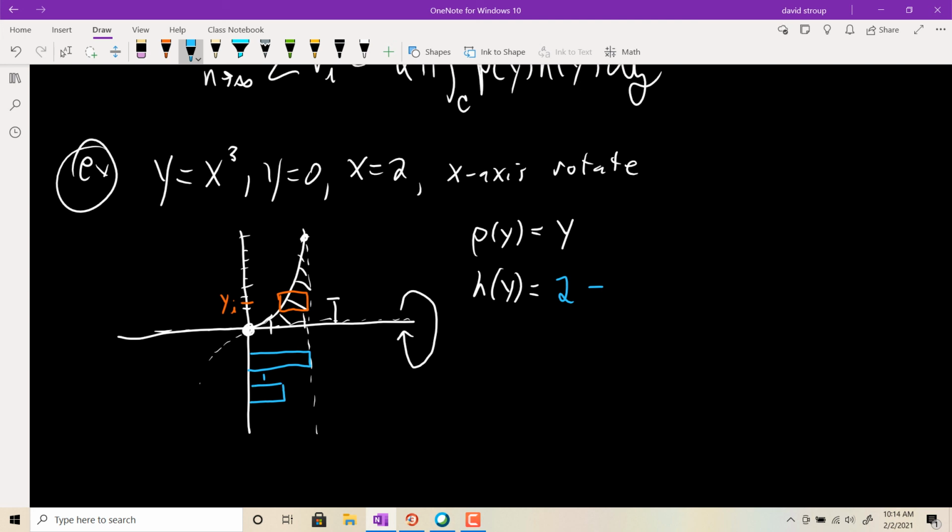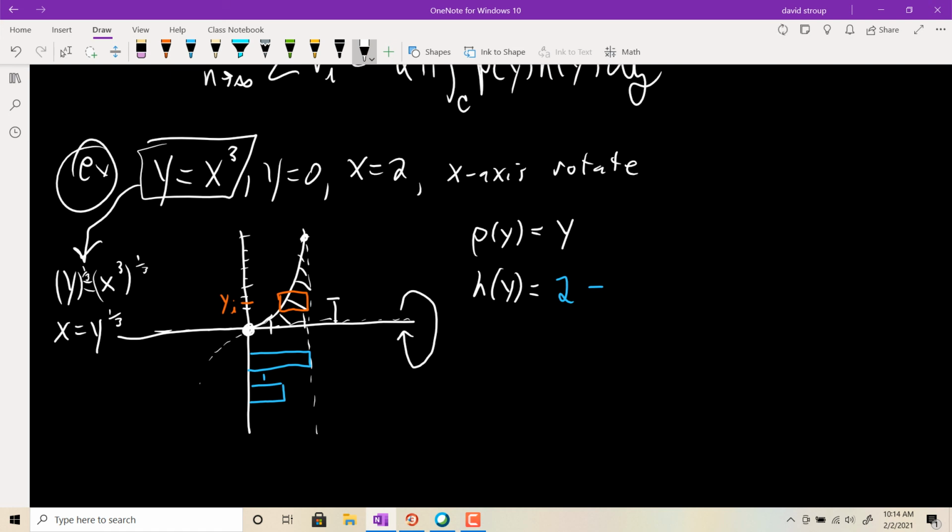Okay, so that distance is given by the y equals x cubed formula, but we need it in terms of y. Basically, you could tell you need it in terms of y because the base of the rectangle is on the y-axis. So I'm going to have to work with this formula and get its inverse. Starting with y equals x cubed, you could take the cube root on both sides, or raise both sides to the 1/3 power, and you end up with x equaling y to the 1/3.